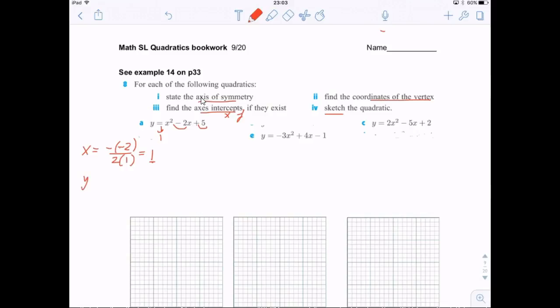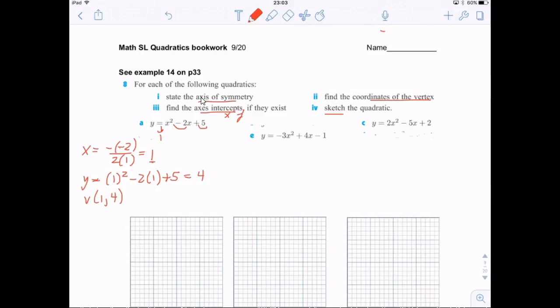We simply use the equation x squared minus 2x plus 5, and we plug in the value 1 for x. And that is going to give us the value of y, which corresponds to that x, which is the y value of the vertex. So that would be 1 minus 2, negative 1, plus 5, which is 4. So the vertex here is going to be 1, 4.